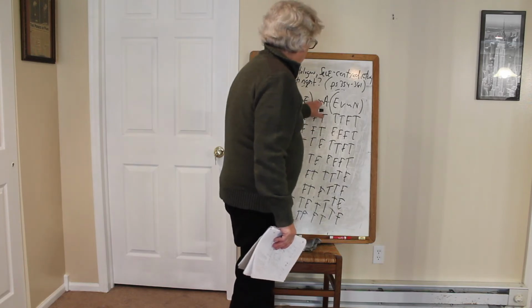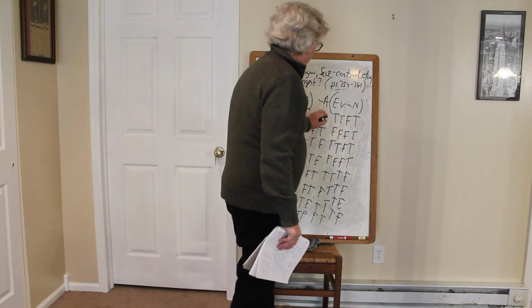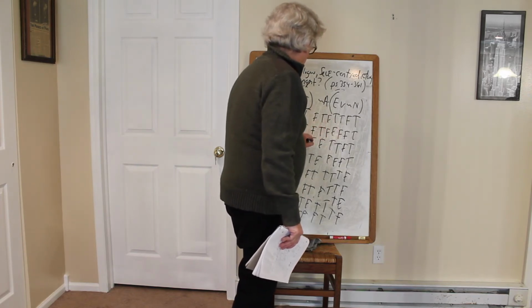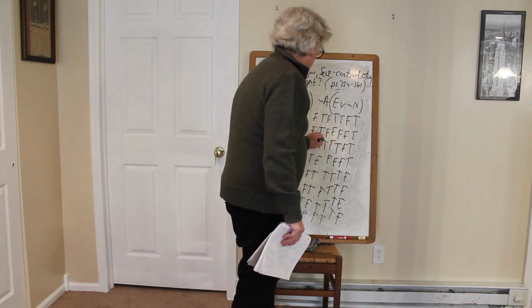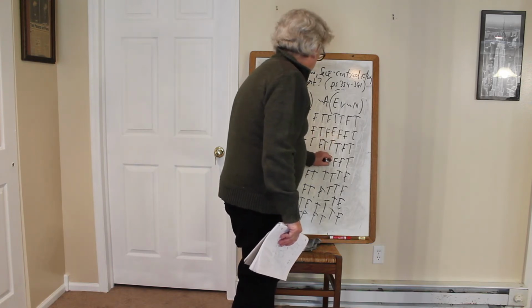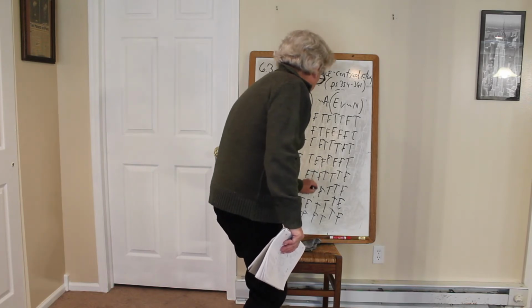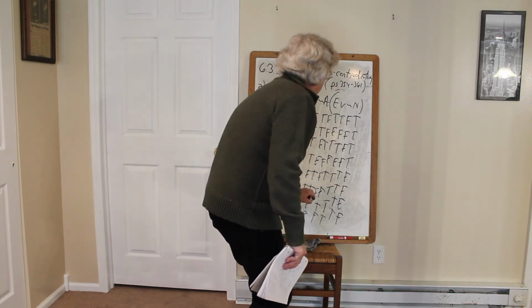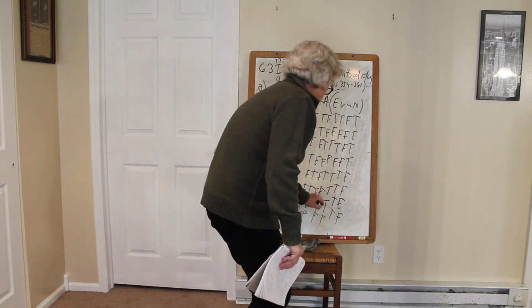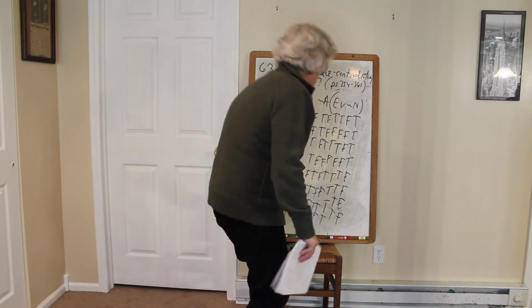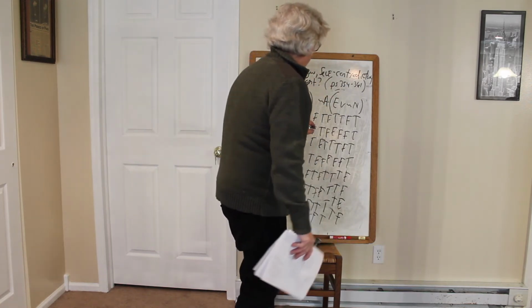So the not here with the or here, which is F, F again, T and T is T, T and F is F, F and T is F, F and T is F, T and T is T, and T and T is T. Okay, so what do I find on these rows?